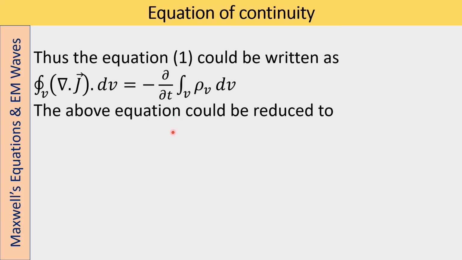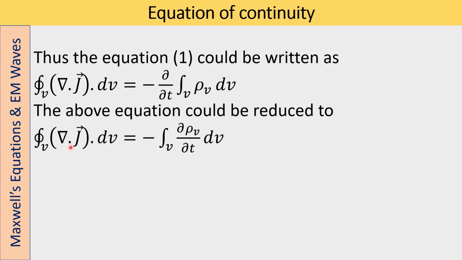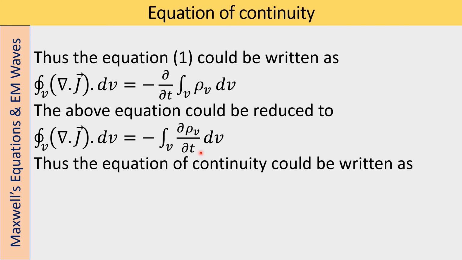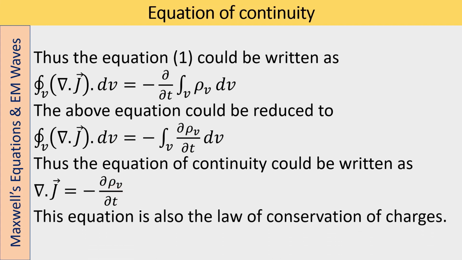The above equation could be reduced to volume integral of divergence of J dv is equal to minus volume integral of del rho v by del t dv. Thus the equation of continuity could be written as divergence of J is equal to minus del rho v by del t. This equation is also the law of conservation of charges and it is called the equation of continuity.